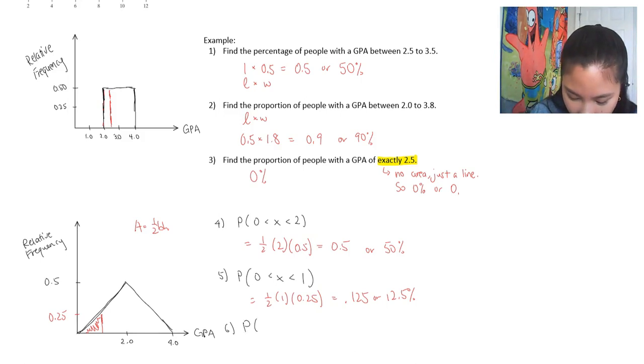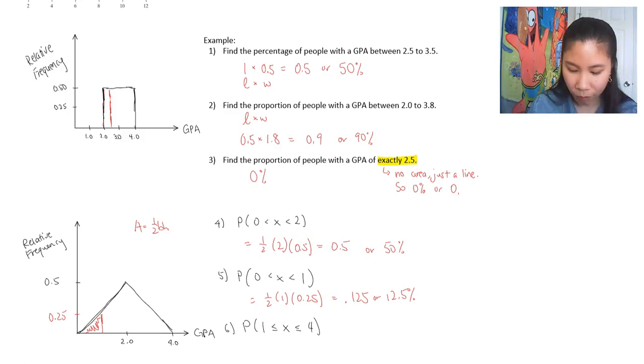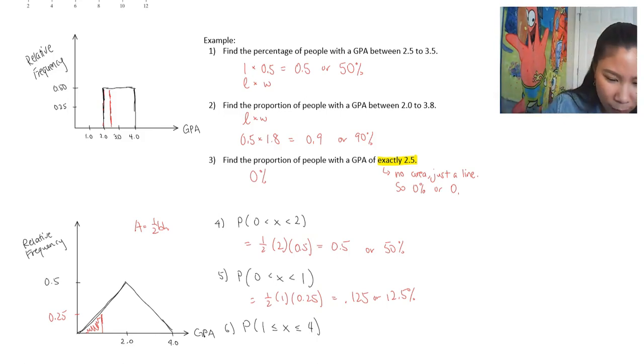This time, let's look at a GPA between 1 and 4. Notice I used less than or equal signs, because if I were to draw this out, let me erase this last one, whether I do dotted lines or solid lines at 1 up until 4, the area is still the same.